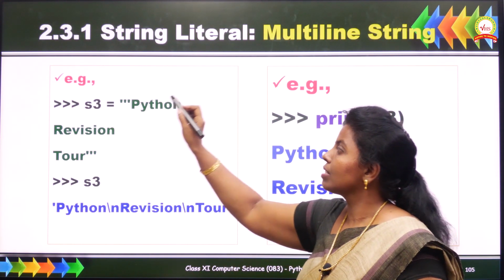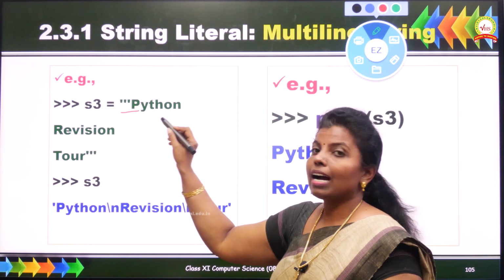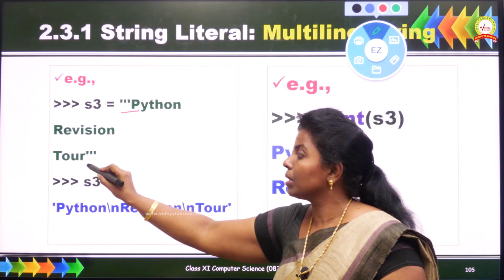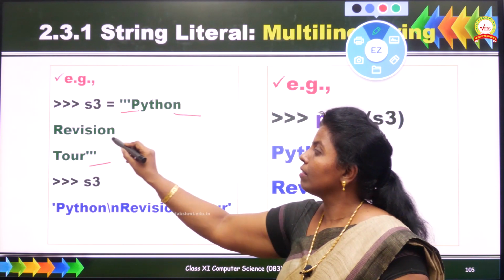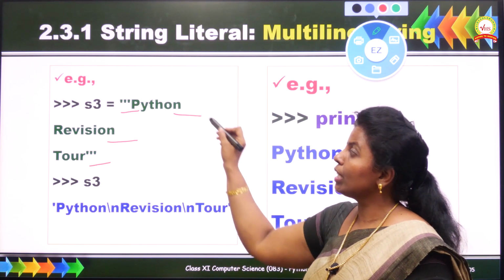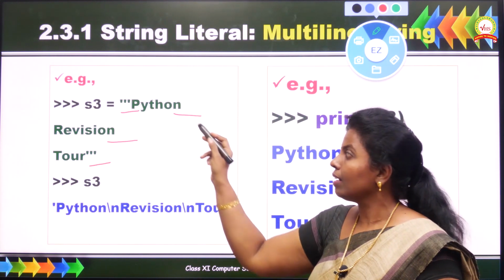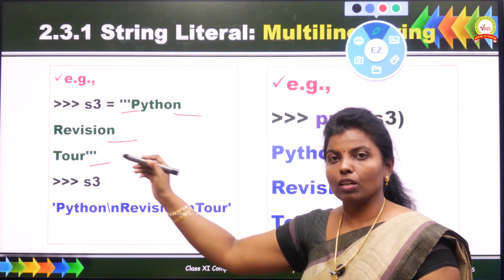Here I have started with the triple quote. So when I start with the triple quote, except the concluding lines, I need not give any backslash. Because Python automatically includes the backslash character, that is backslash n, the new line character, at the end of each line except the concluding line.